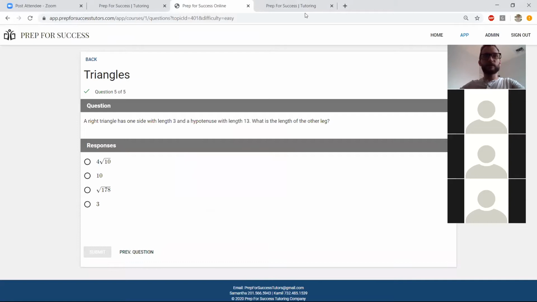Okay, I want everybody to solve this question. I'm going to release a poll. Here we have a right triangle has one side with a length of 3 and a hypotenuse of 13. What is the length of the other leg?